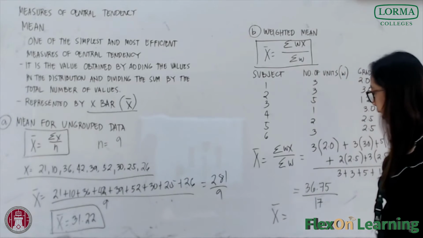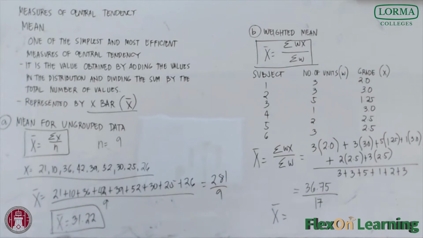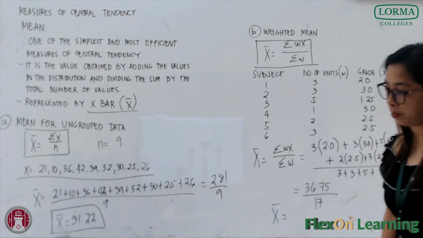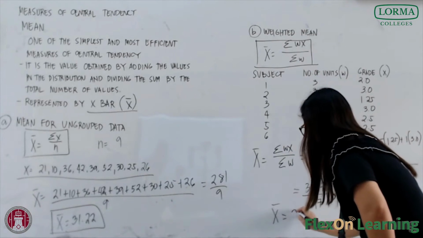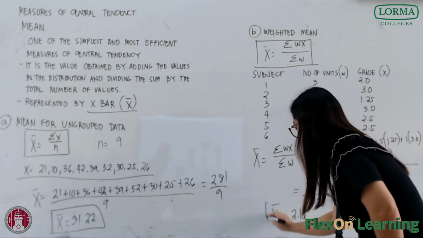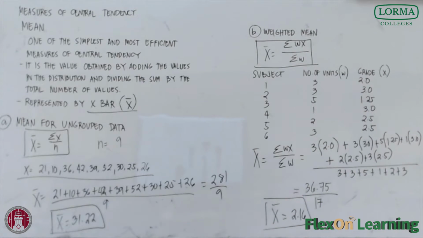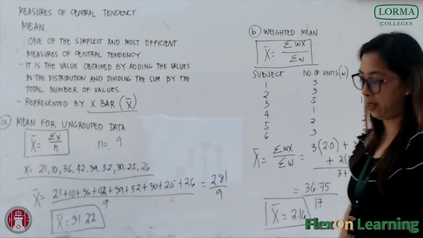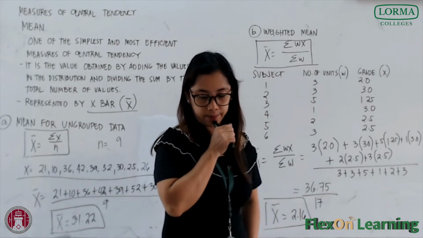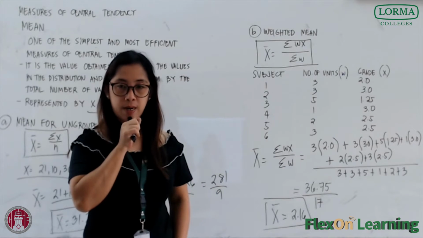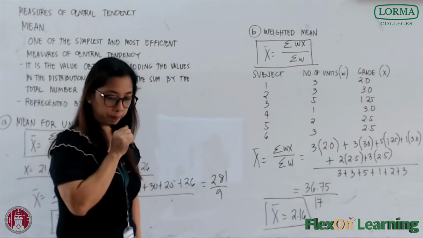So the weighted mean using the data would be 2.16. You have to box your final answer in order for me to identify your final answer. That is our weighted mean.